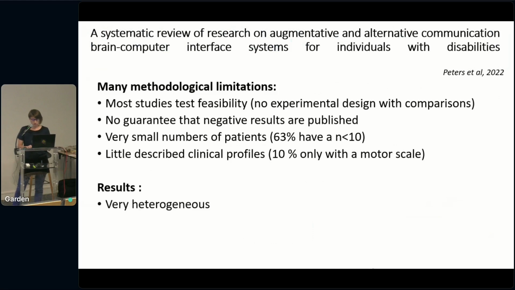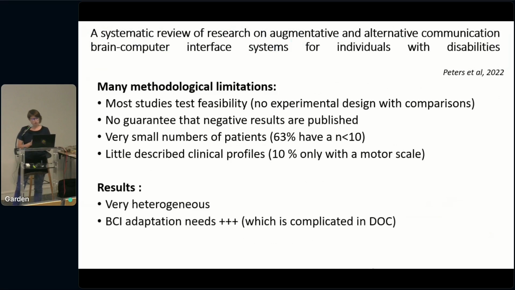And the results are very heterogeneous, and there is a great need for BCI adaptation in this conscious population. So you can imagine this is really difficult when you start to address patients with disorders of consciousness that are non-responsive. It's difficult to adapt the BCI for them.